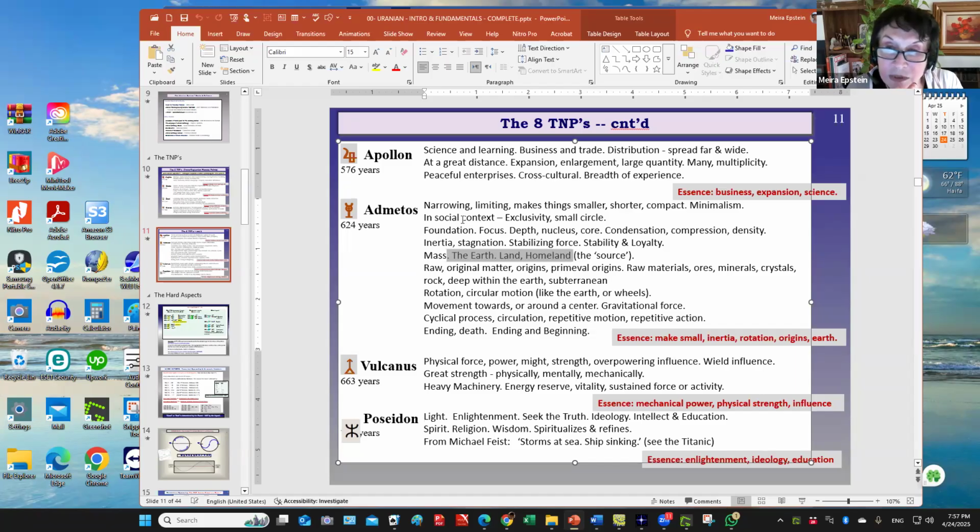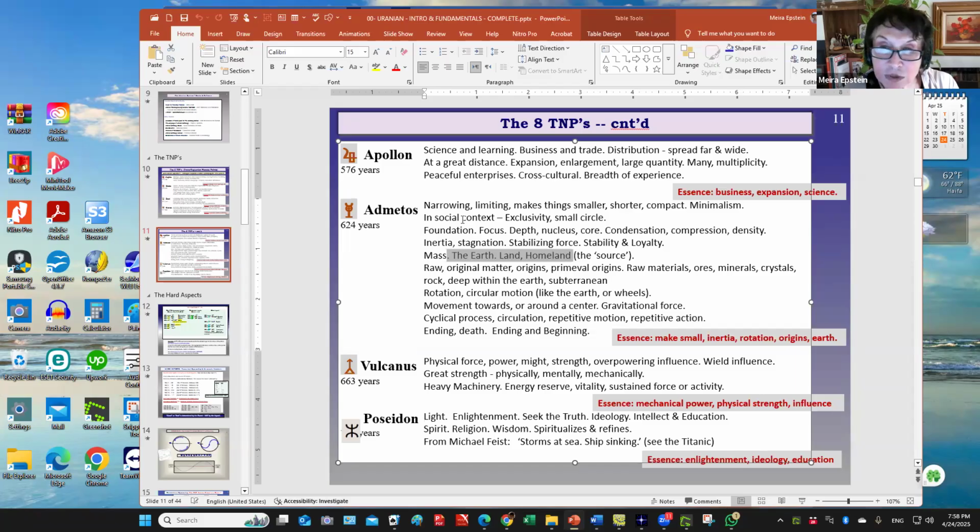In a social context, exclusive, small circle. For instance, if you see Admetos with the first one we saw, Cupido, which is community, then that says small community, a small group of people. See what I'm saying? You just take the word small as an adjective. Small, small, small, short, limited, you name it.